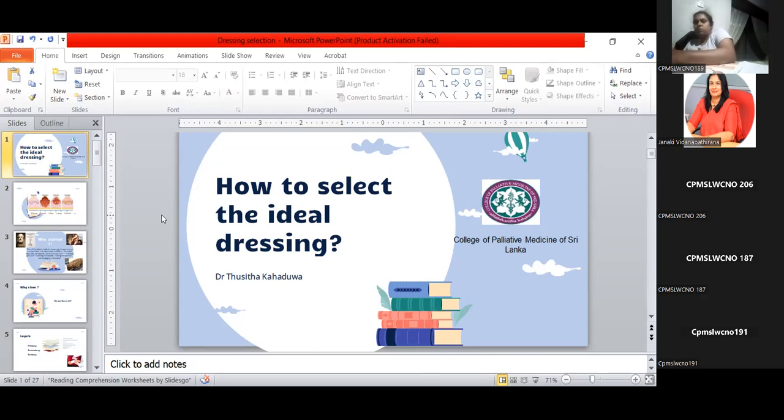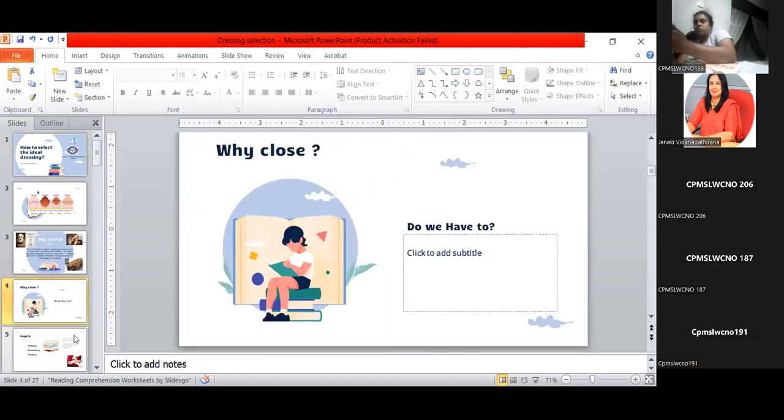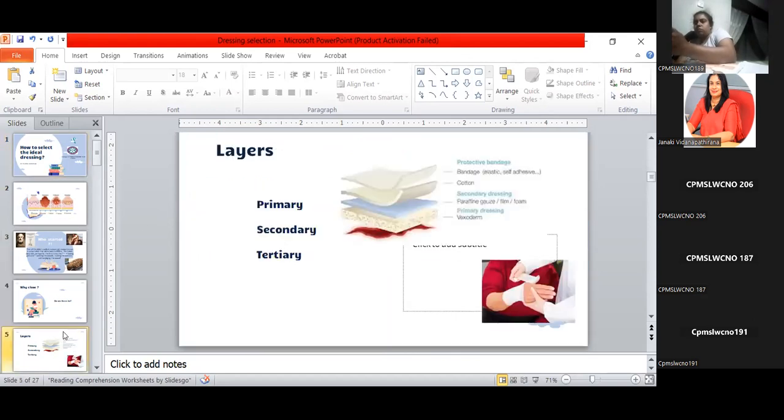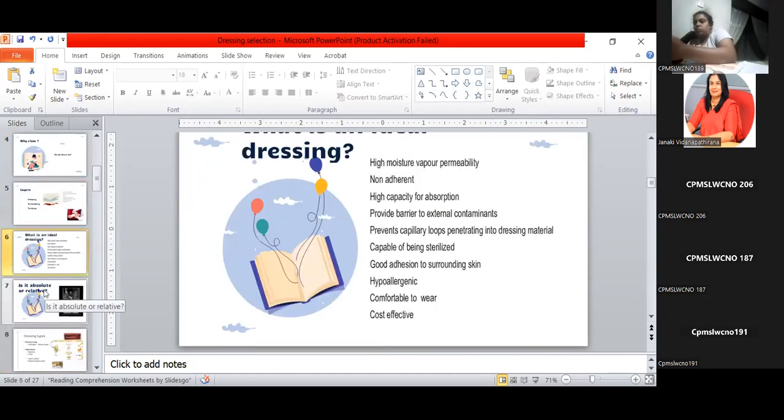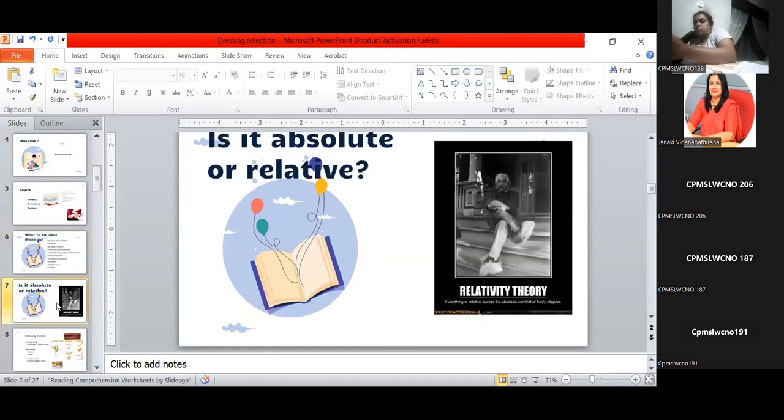I hope Dr. Kitsiri also will join on the 16th. Yes, thank you for your invitation, actually. Because you are so into history now. Actually, Kitsiri, once you did your one lecture at Kandy, you put a lot of historical things, and you mentioned the surgical history of palliative care. Exactly, that is one of the turning points for me to write this.